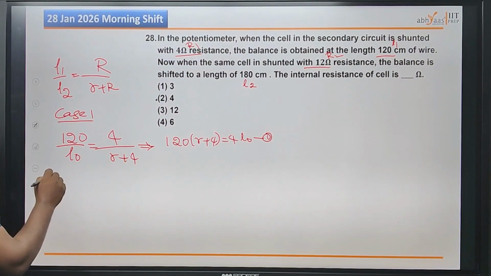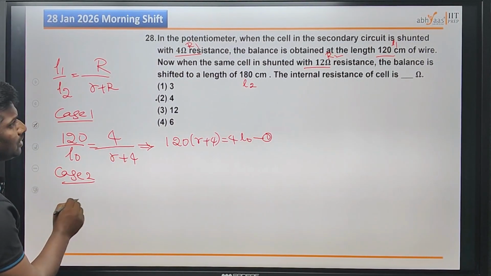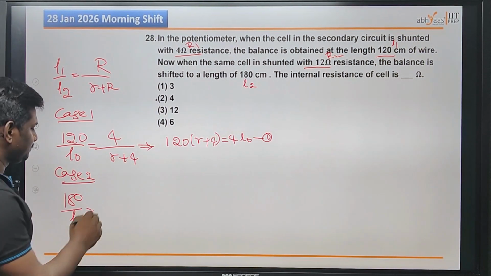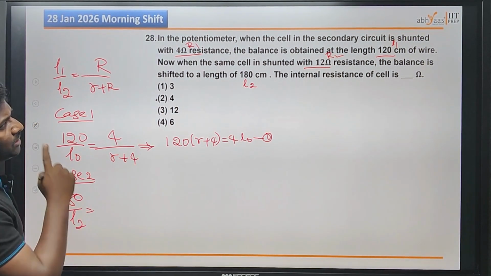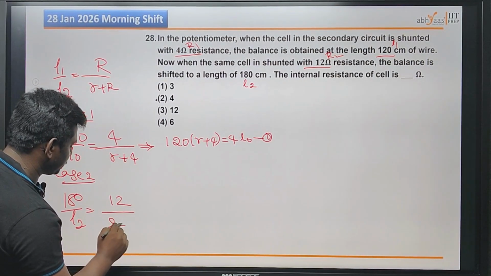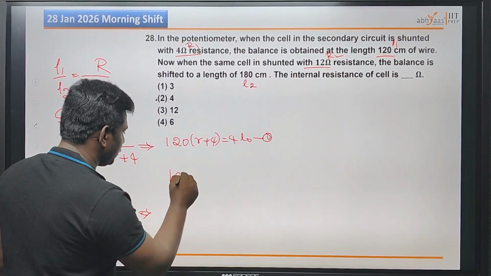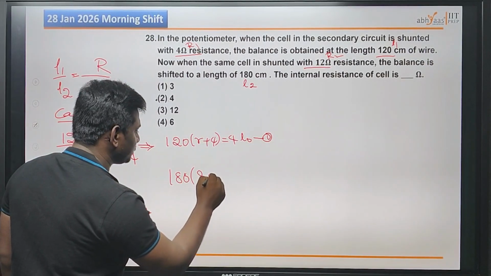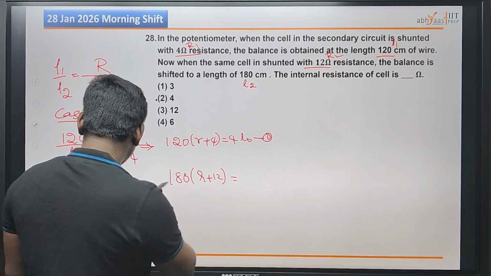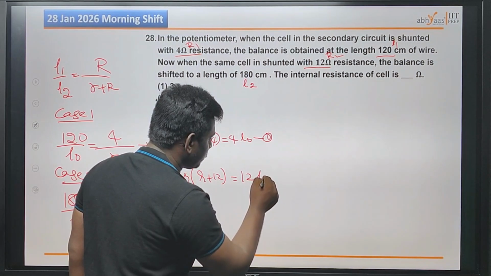For second case, case 2, what is this one? 180 by L2 equal to, what is the resistance? 180, 12 ohm resistance by R plus 12. If you write this one, 180 into R plus 12 equal to 12 into L0.